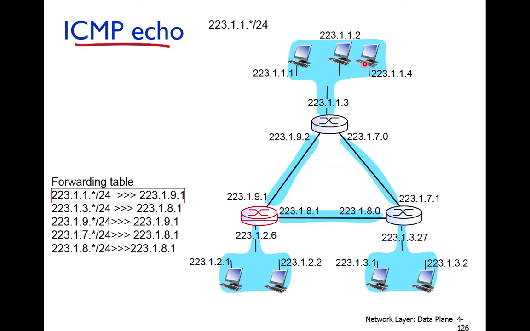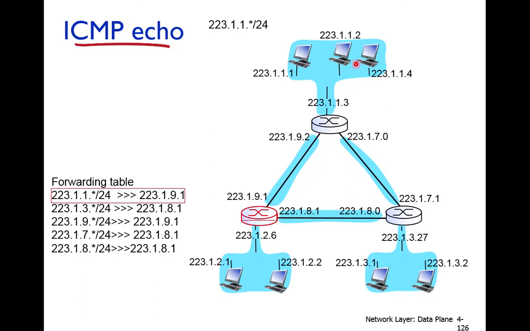So this is the functionality of an echo server. An echo server is basically an application that is running on each and every host. When a message is received, it accepts the message and bounces back the same message to the sending machine. So this is called echo.